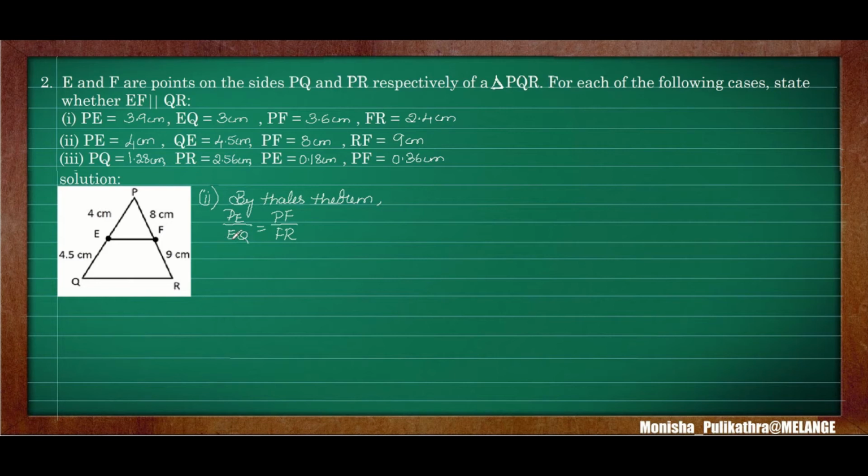So PE is 4 divided by EQ is 4.5, is equal to PF is 8 and FR is 9.